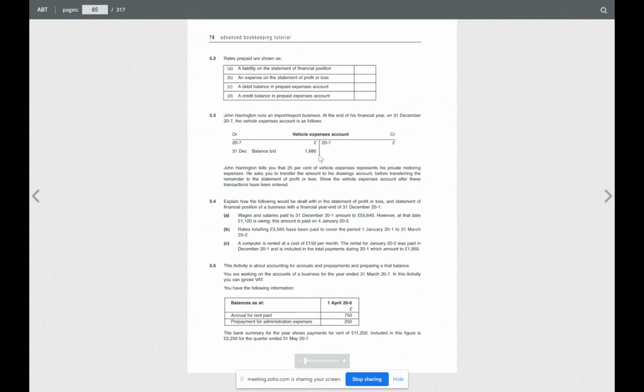25% of this, you have to just divide it by 4, is 420 pounds. So it will show on the credit side, and the balance will go to the P&L account.